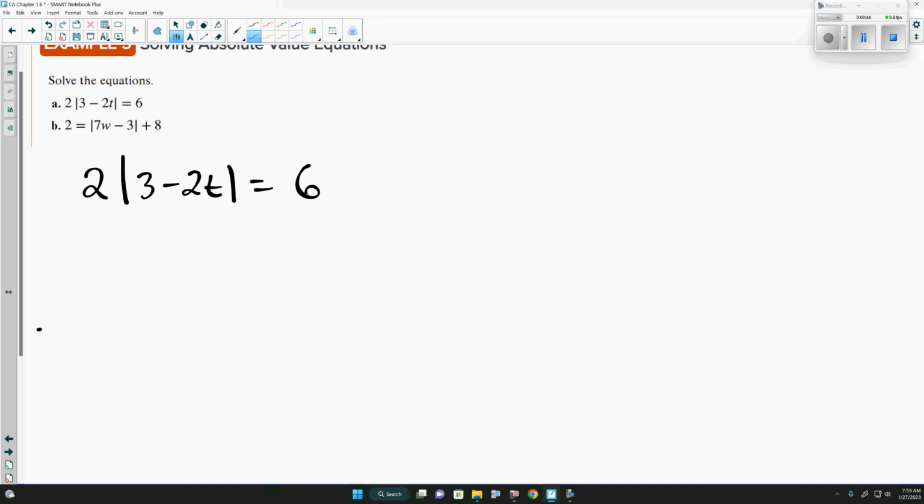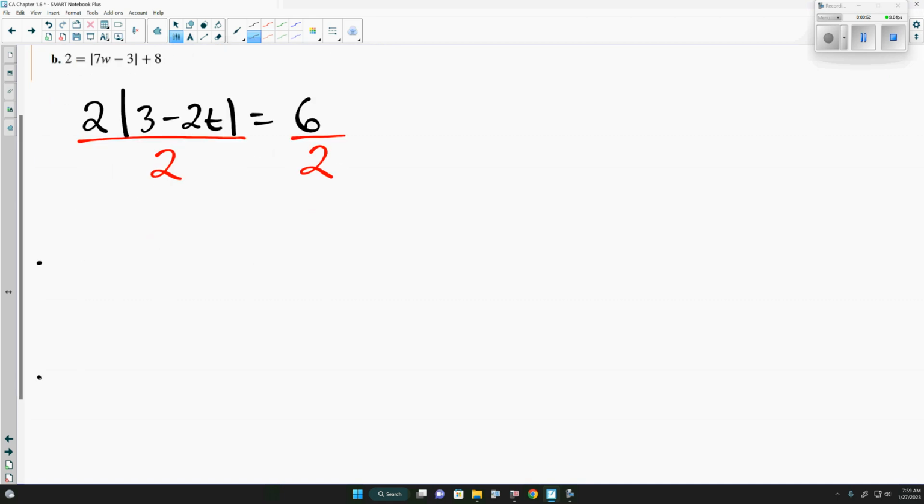The only thing we have to do for this one is divide both sides by 2. Because if we divide both sides by 2, we have the absolute value of 3 minus 2t is equal to 3. And that's our first main step, to get the absolute value bars, whatever's inside of it, by itself first.